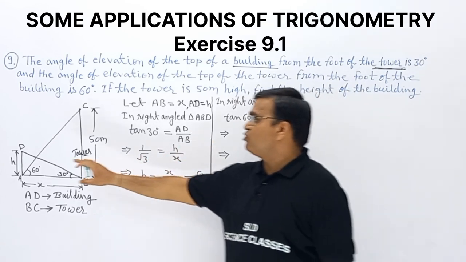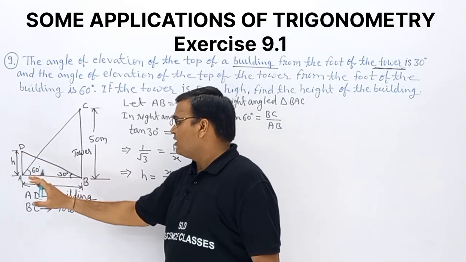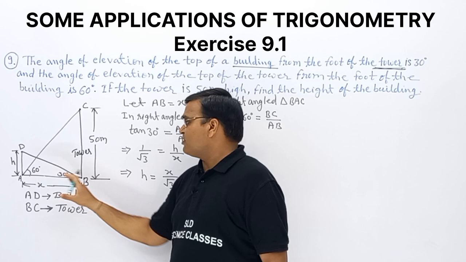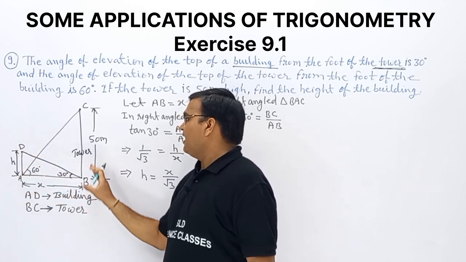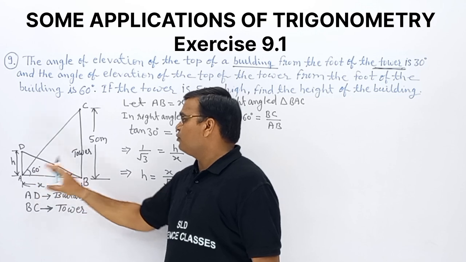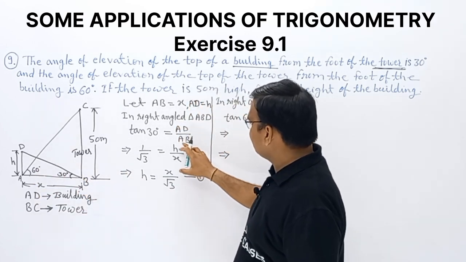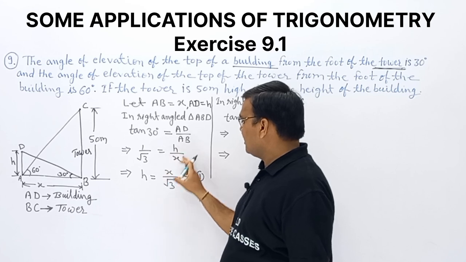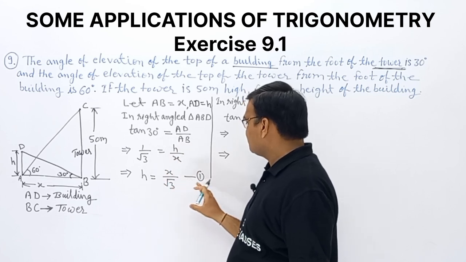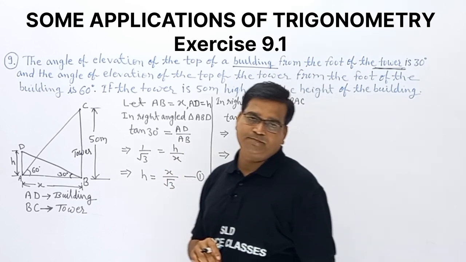Clear? So after solving we get h equal to x upon square root of 3. This is equation number 1.